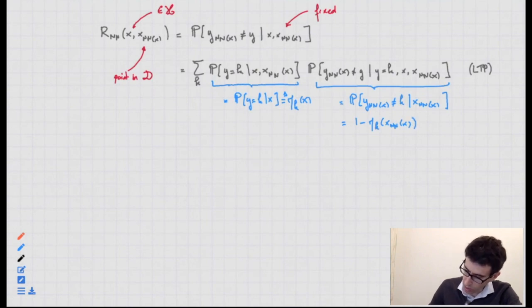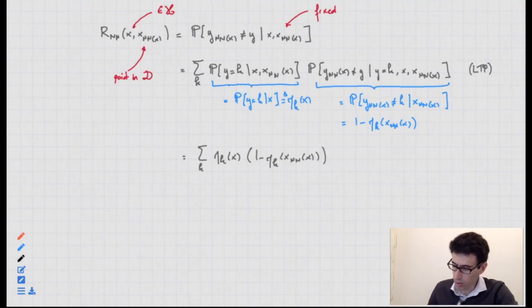And so if you put everything together, you get that expression, which is the sum over k of eta k of x times 1 minus eta k of the nearest neighbor of x. Now, if you look at what I've done, there was really no reason for me to expand using the law of total probability depending on the label y. I could have done the exact same calculation by starting with the law of total probability, expanding on the values of the label of the nearest neighbor of x.